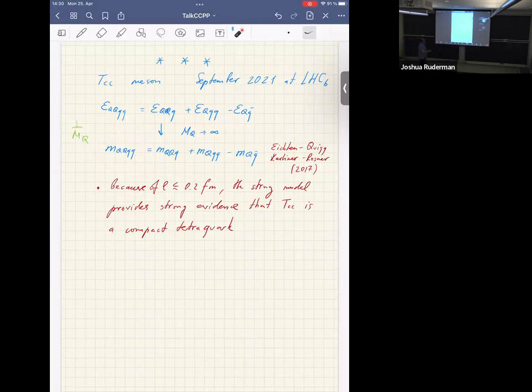Otherwise, that relation is broken by the string junction annihilation process, not even the string breaking, but the string junction annihilation. That's exactly this scale of the string junction annihilation. So it's the evidence that indeed it's a compact tetraquark.